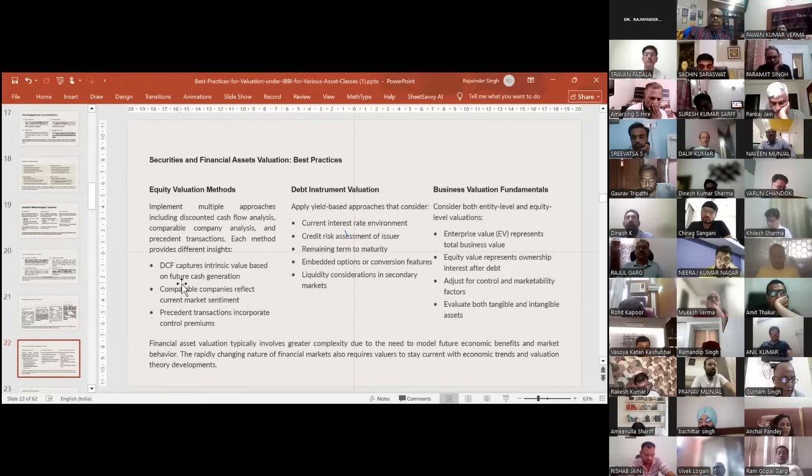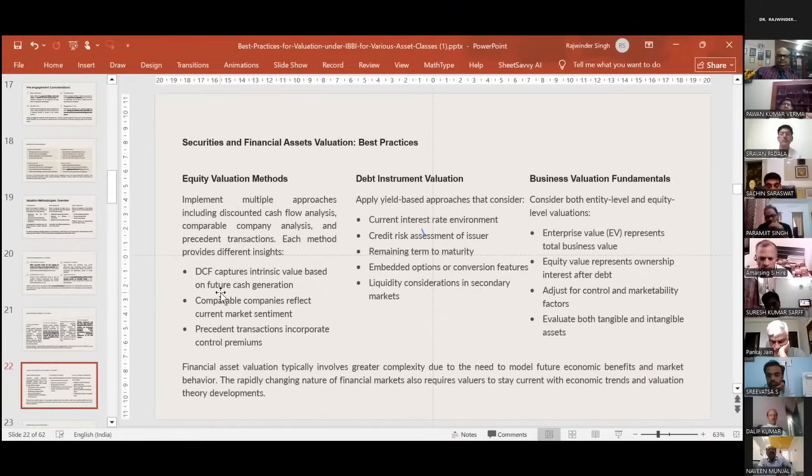So financial asset valuation typically involves greater complexity due to the need to model future economic benefits and market behavior. The rapidly changing nature of financial markets also requires valuers to stay current with economic trends and valuation theory development.